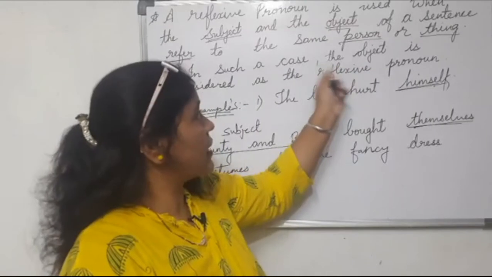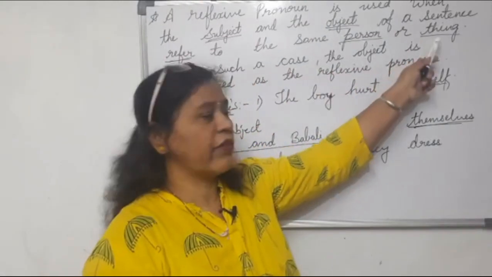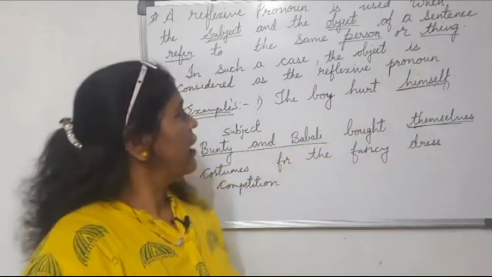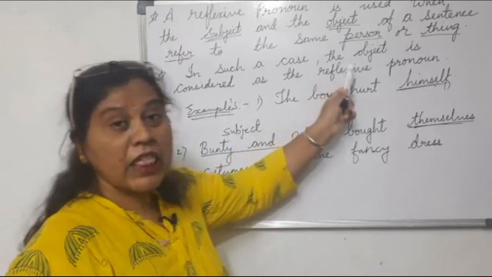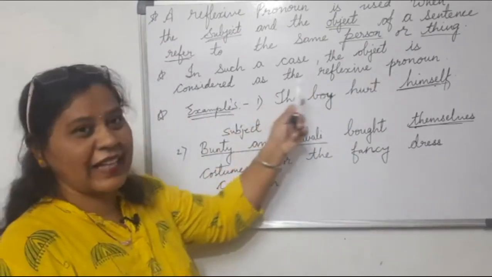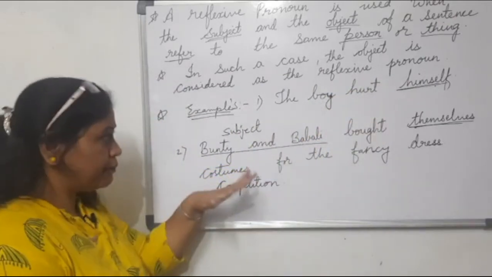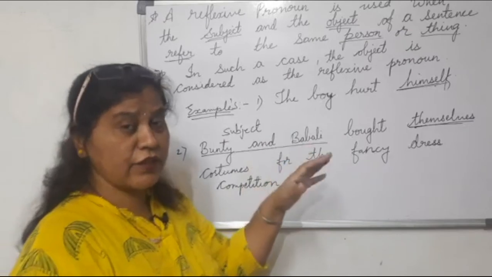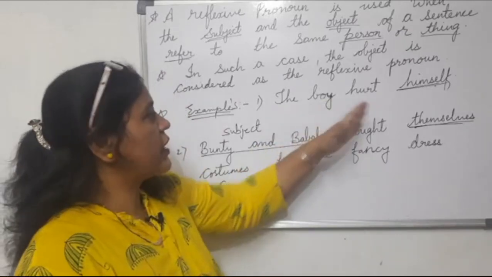Remember these words: refers to the same person or thing. In such a case, the object of the sentence is the reflexive pronoun. Now let us learn the reflexive pronoun with some examples. Here, the boy hurt himself.